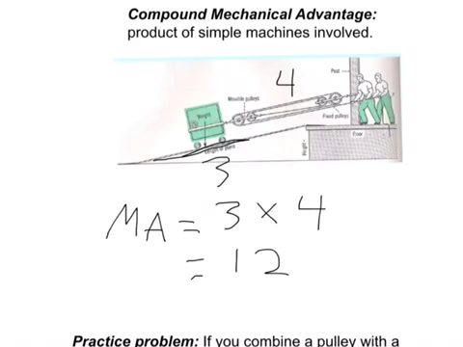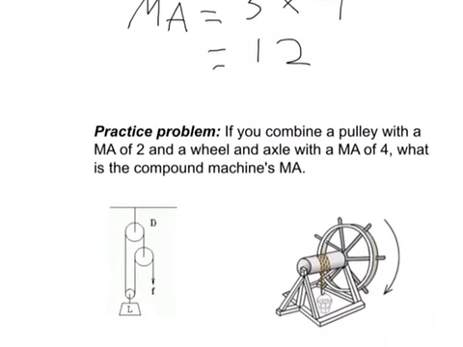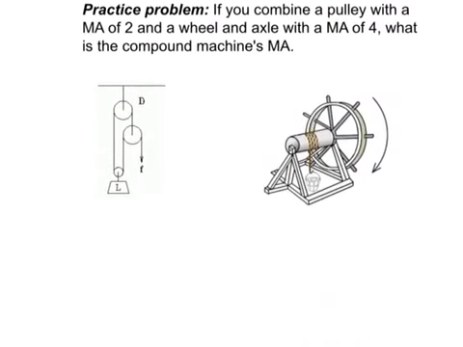Now let's look at another example. Let's say you combine a pulley with a mechanical advantage of 2 and a wheel and axle with a mechanical advantage of 4. What is the compound machine's mechanical advantage? I'll give you 10 seconds to solve it on your own, and then I'll check in with you.